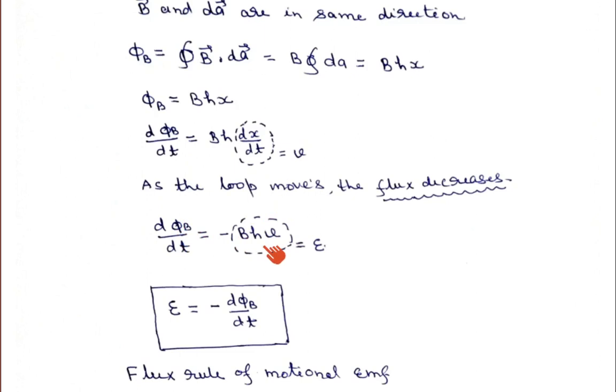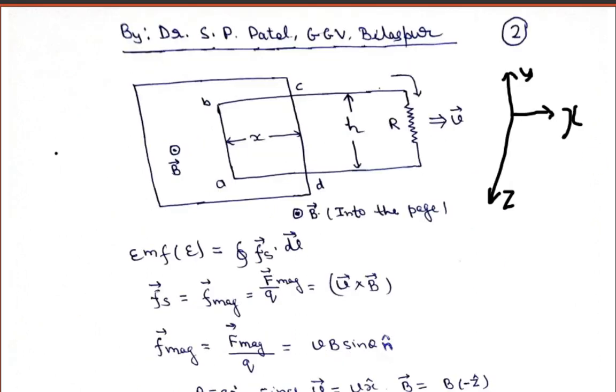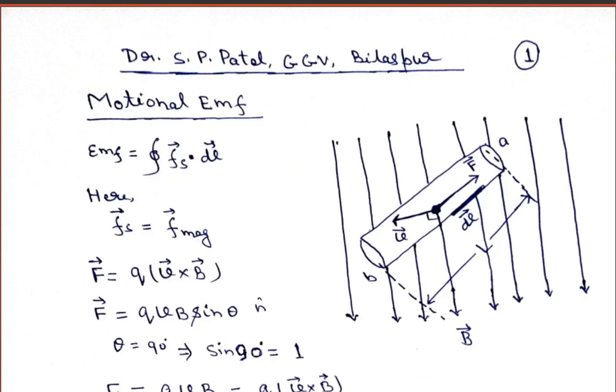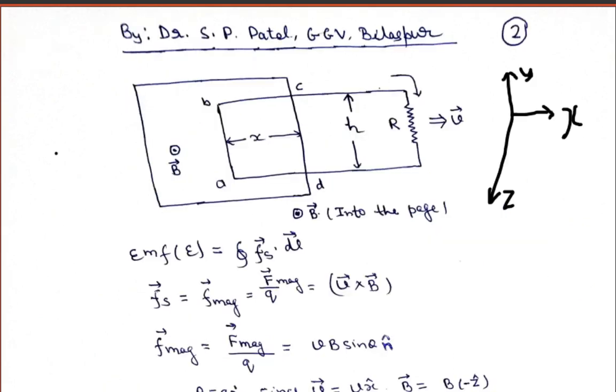So d phi b upon dt can be written as minus BHV, and this BHV is equal to the EMF generated in the loop, in the circuit. If you go back, we have seen that is the EMF in the circuit.